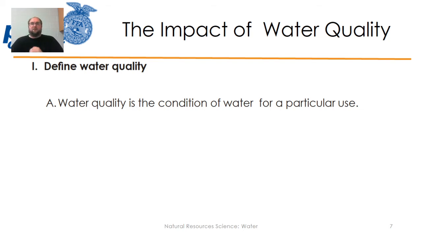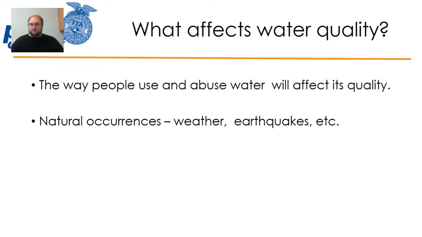But we also have to think that if the quality of water affects the quality of life, then the overall impact of good water has a large branching effect. So the way that people use and abuse water affects its quality.